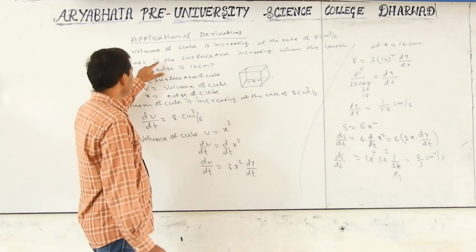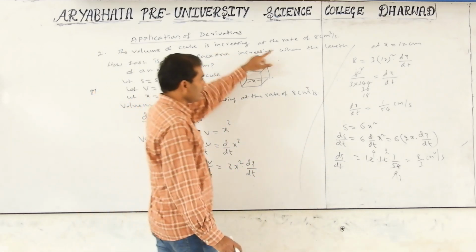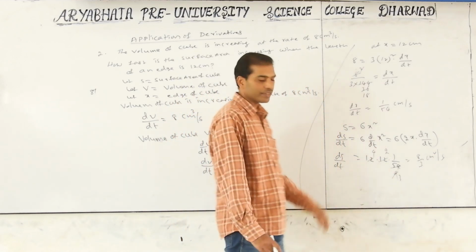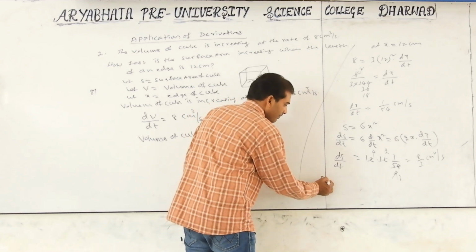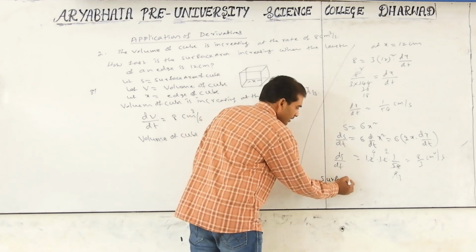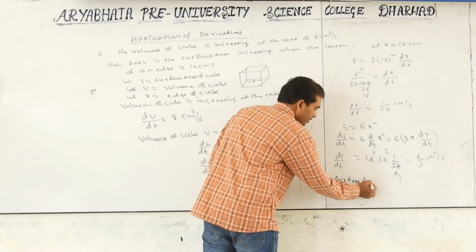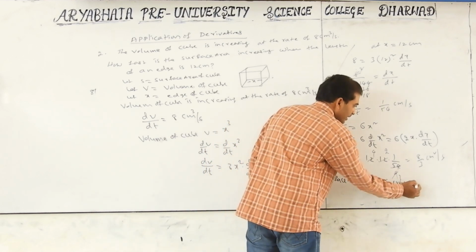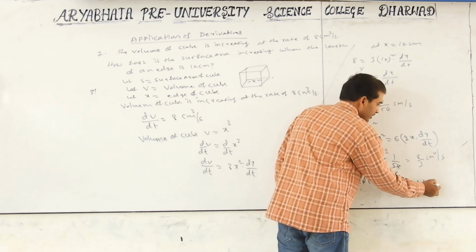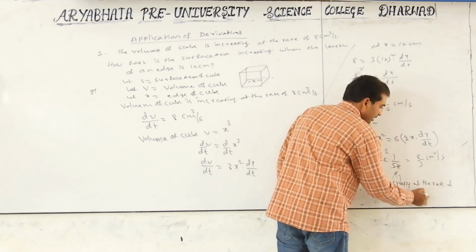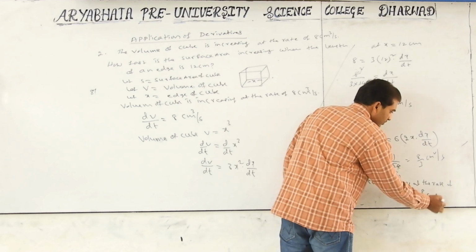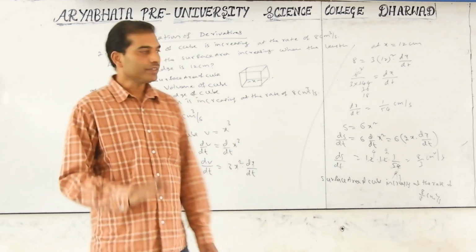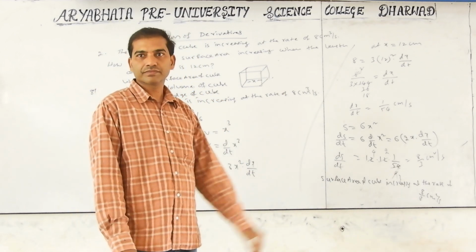Therefore the surface area is increasing at the rate of 8 by 3 centimeter square per second. That is the conclusion: the surface area of the cube is increasing at the rate of 8 by 3 centimeter square per second. This is very important. This is a 5 marks question.